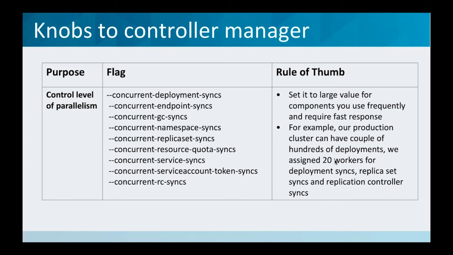For example, we support deployment, so we use a lot of deployments, replica sets, and so on. So we use 20 workers for concurrent deployment sync, concurrent replica set sync, and concurrent replication controller syncs. And we also decrease the value for some components we don't use that frequently.